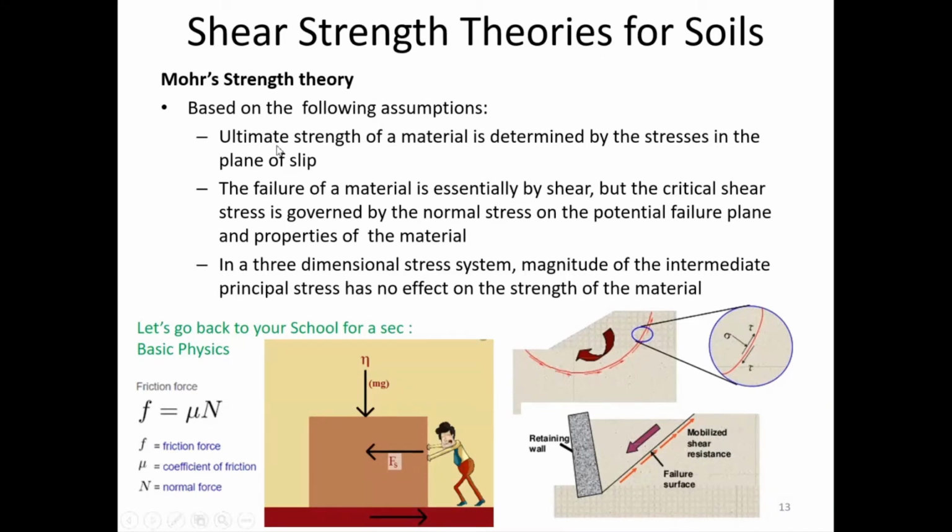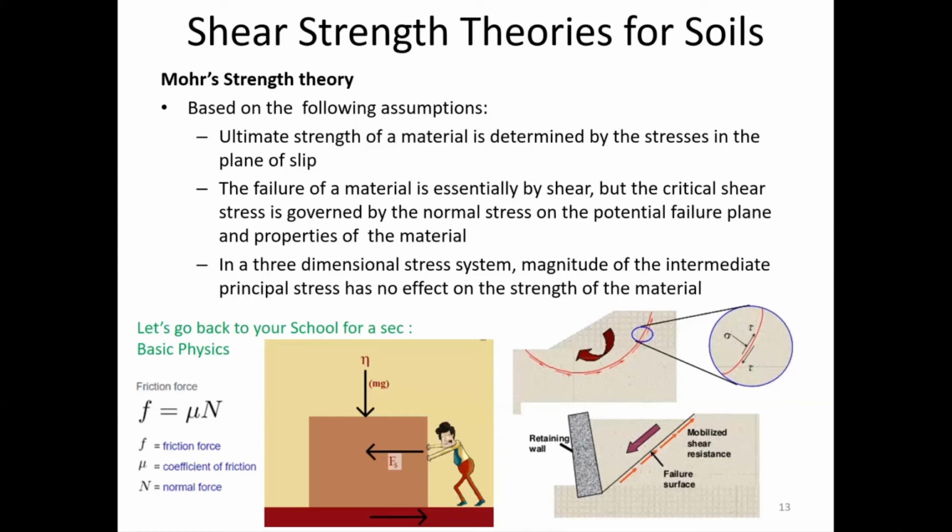Mohr strength theory is based on a few assumptions. The first assumption is that the ultimate strength of a material is determined by the stresses in the plane of slip. I told you earlier, no chain is stronger than its weakest link. There will be a point of weakness or a plane at which the soil can fail. In the bottom right figure, you can see a retaining wall and this failure surface.